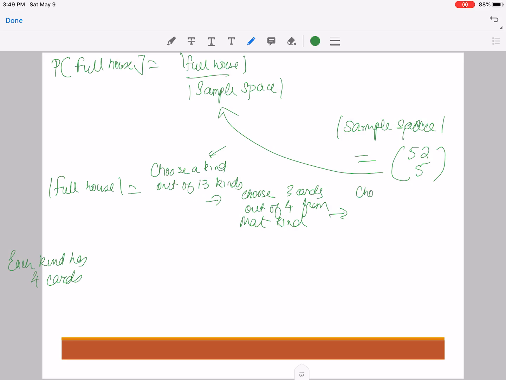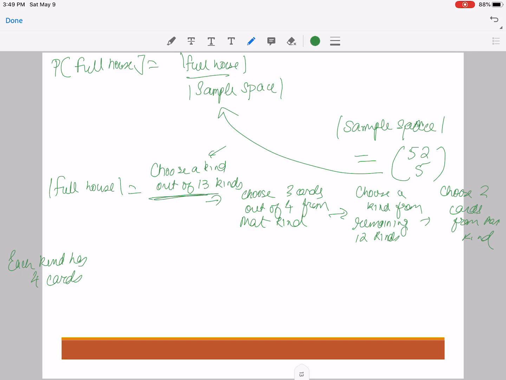So choose a kind from remaining 12 kinds, and then I'm going to choose 2 cards from that kind. If I were to find the size of these sub-experiments and multiply them, I'll get cardinality of the full house.